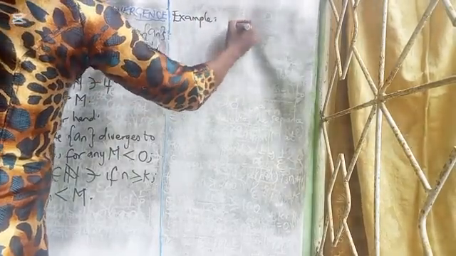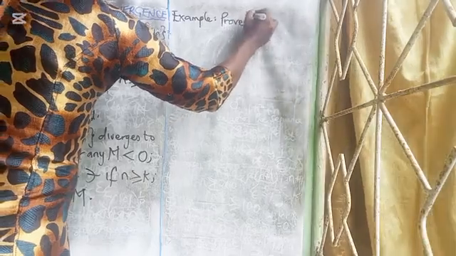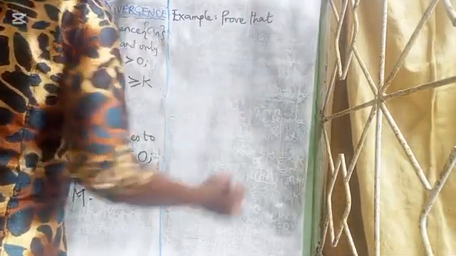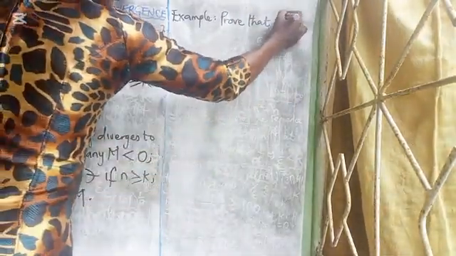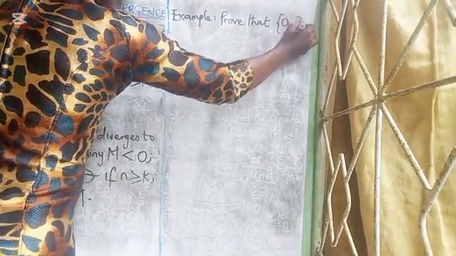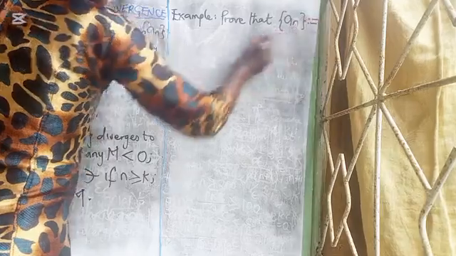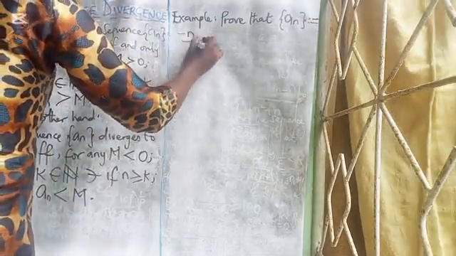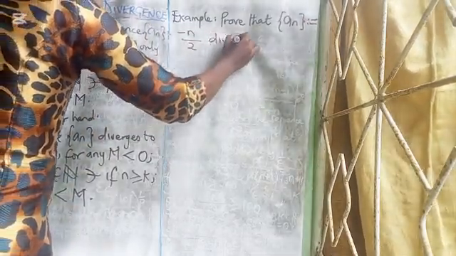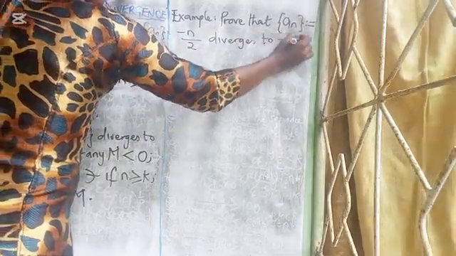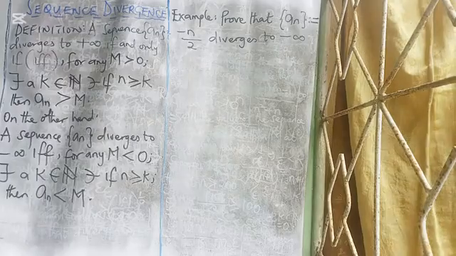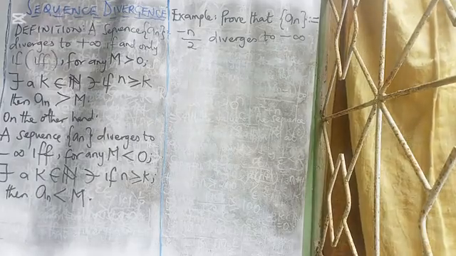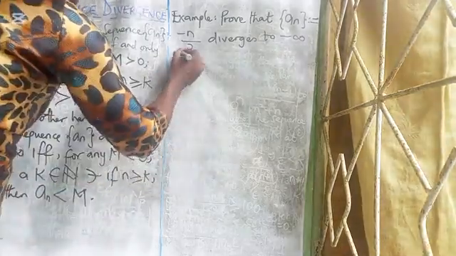Example. Prove that the sequence a_n defined as minus n over 2 diverges to minus infinity.